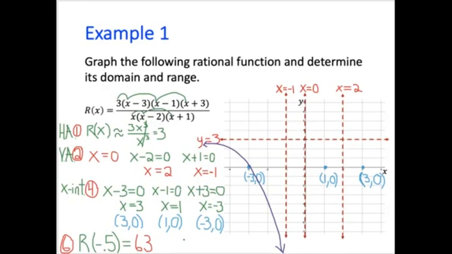So for the region between x equals 0 and x equals 1, we can use 0.5. That's right between those 2 numbers. So we're going to do r of 0.5. And again, you can just use your calculator here. r of 0.5 is approximately -11.7.